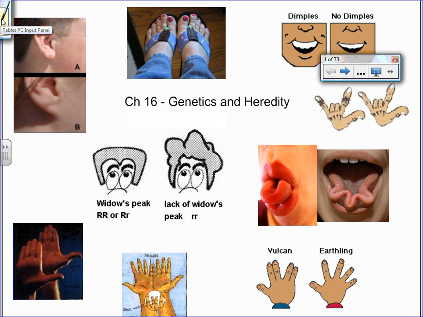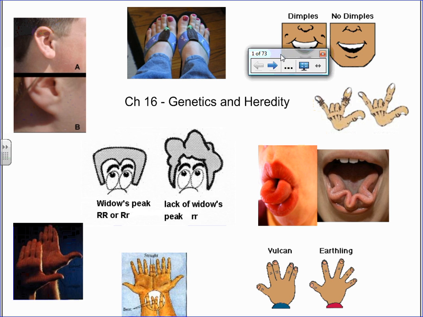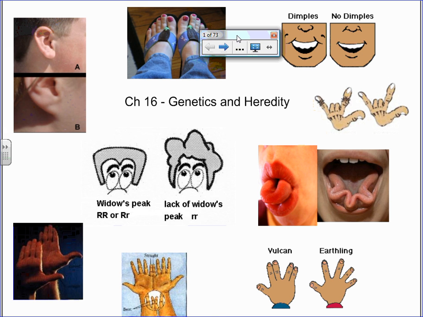Okay. So this chapter is chapter 16 on genetics and heredity. I put this up at the first just to get people interested, and these were some of the things that they looked at in one of the little labs.